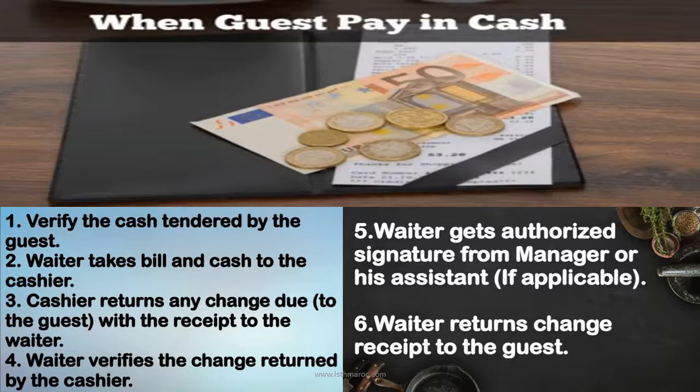Five, the waiter gets an authorized signature from the manager or his assistant if applicable. Six, and finally, the waiter returns the change and receipt to the guest. So these are six steps to be taken into consideration when the guest pays in cash. Of course, you might find other procedures, but I think these are the most important ones.